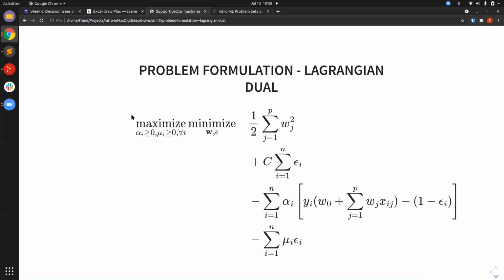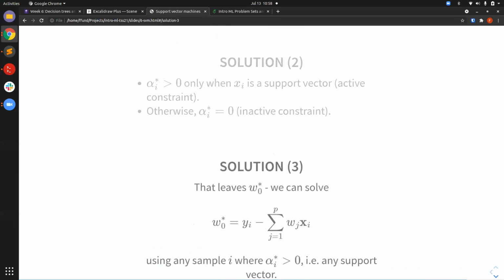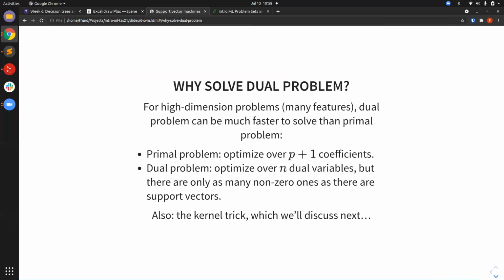In the dual problem, you need to solve over however many samples there are, because you have one alpha per sample. But it turns out that these are zero except for support vectors. So it ends up being more efficient to solve the dual problem, because there are only as many non-zero dual variables as there are support vectors. And there is another reason to solve the dual problem, called the kernel trick, which we'll discuss next week.